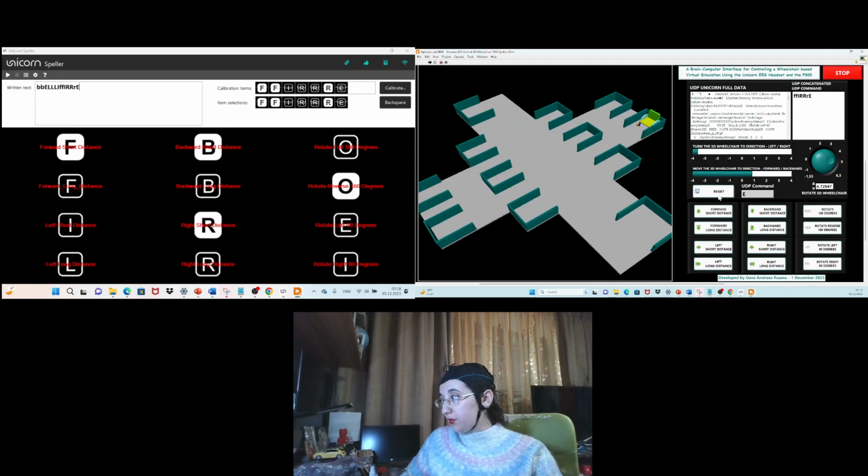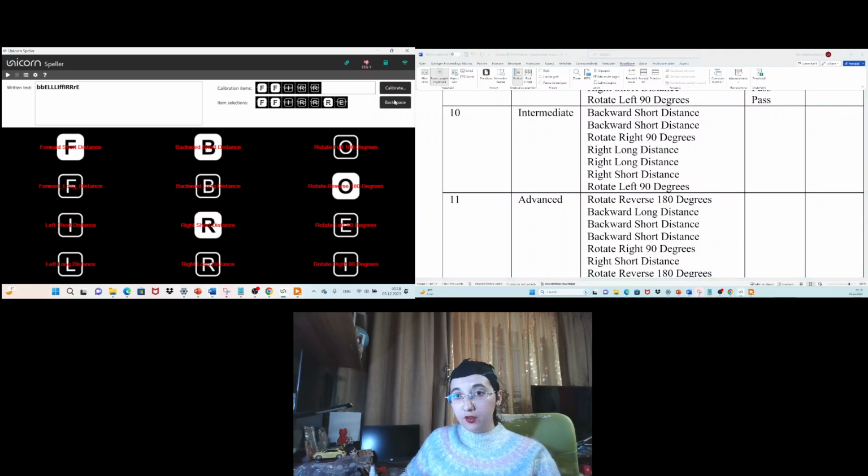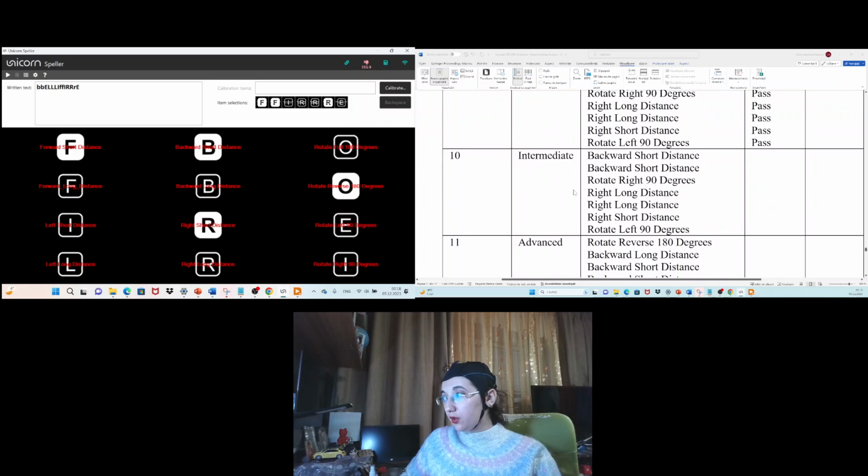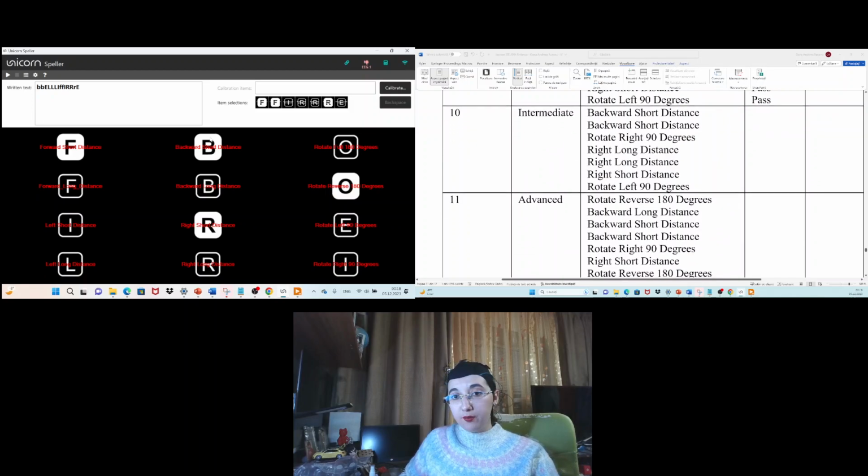First of all, I should reset here the position, stop and run again the LabVIEW application. So now we should reach this location, numbered with 10. Here I remove the selected commands, and now I will define these commands.